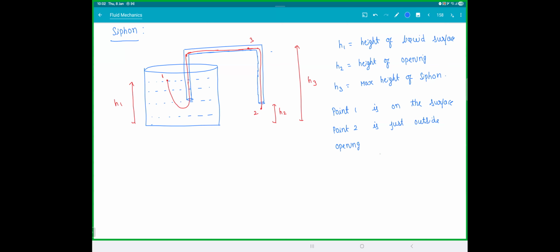Therefore P1 is equal to P2 is equal to P0, because both are open to the atmosphere. Now apply Bernoulli between 1 and 2.